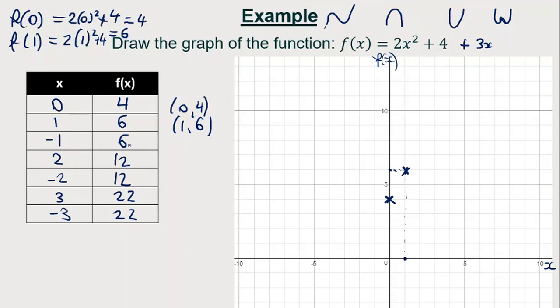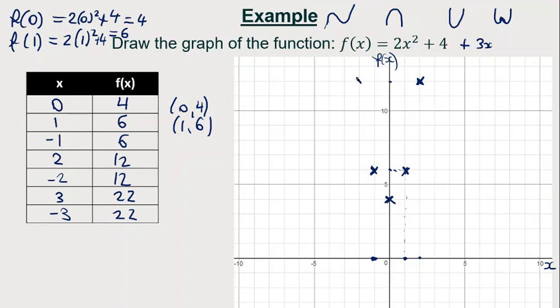Similarly, -1 and 6, here it's -1 on the x-axis, and that's a 6, so I mark it up. I also have 2 with 12, so when x is 2, I am going to go up to 12, which is there.